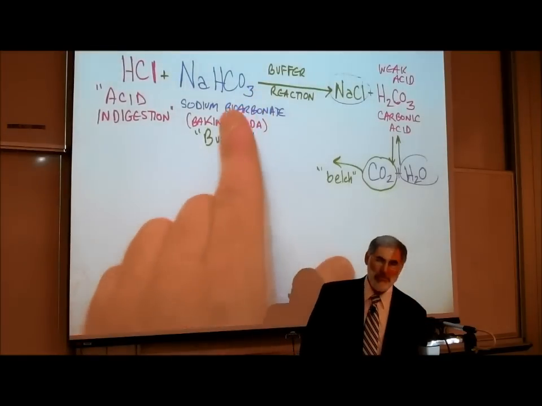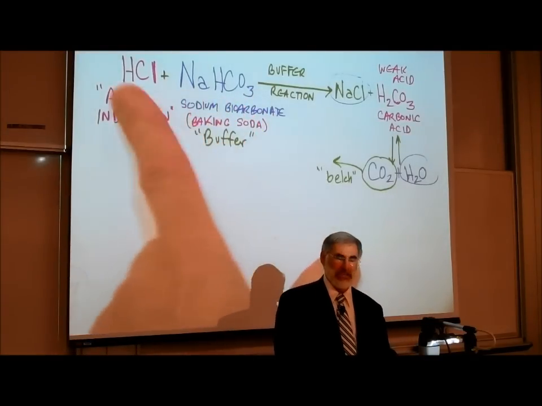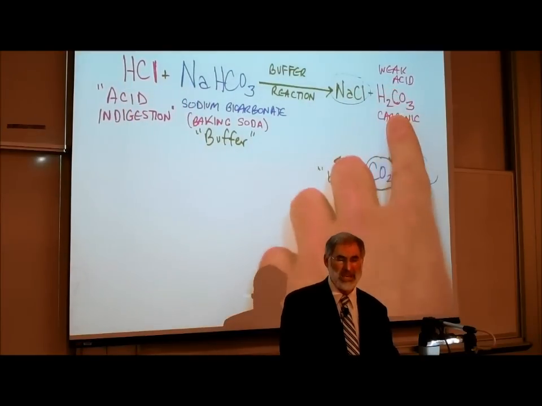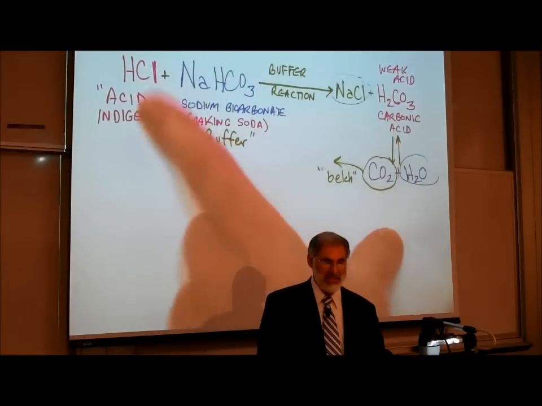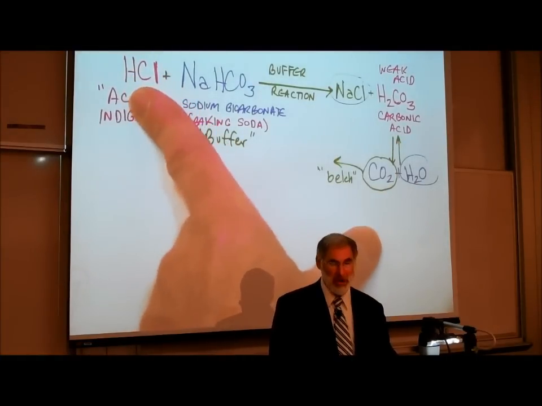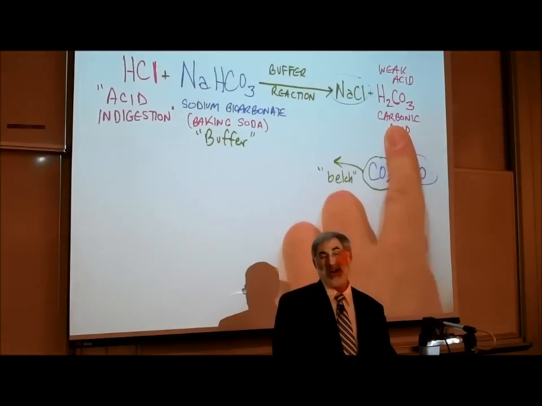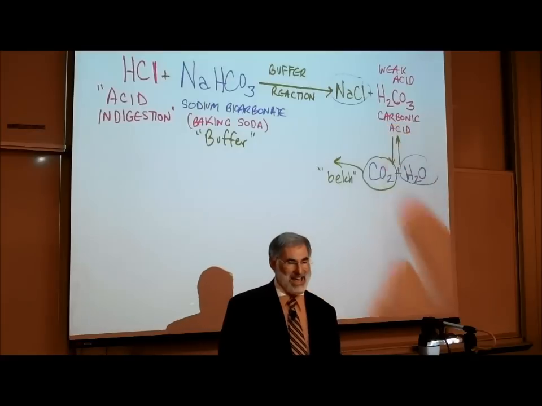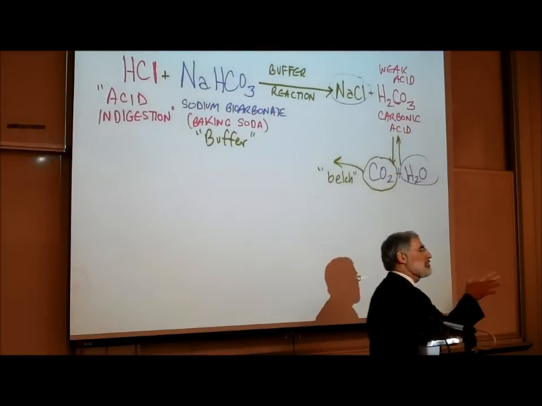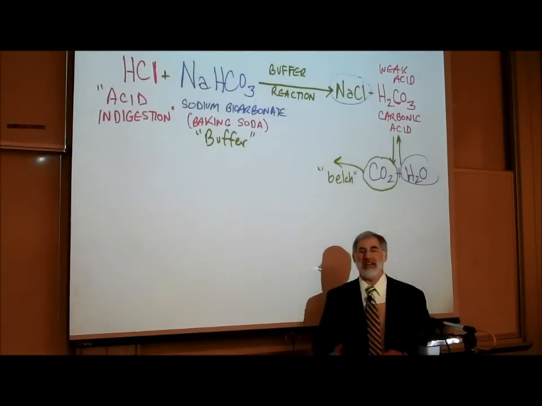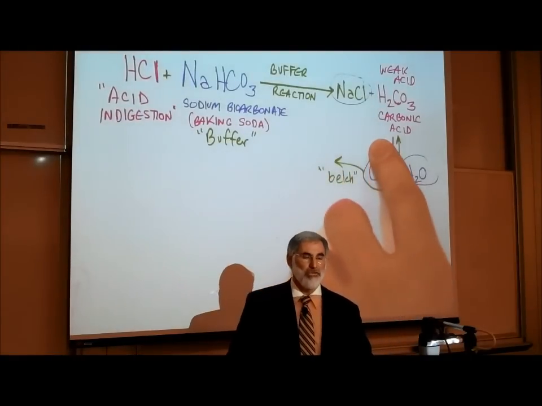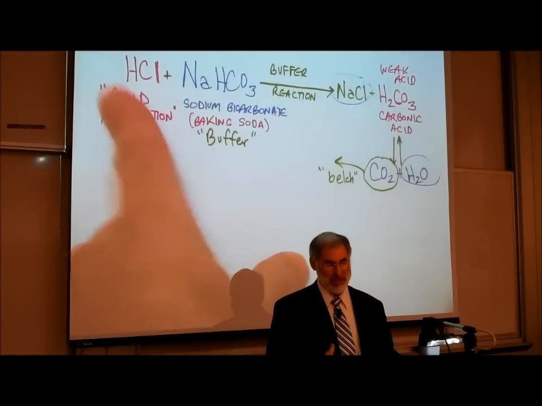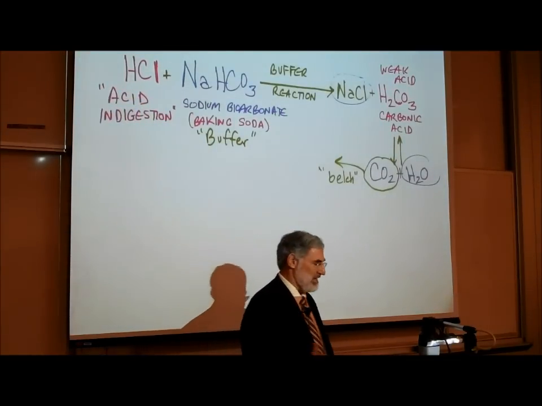So what the buffer reaction has done is we've gone from a very strong acid called hydrochloric acid to a weak acid called carbonic acid. This has a pH of maybe 1 or 0. This has a pH of maybe 4 or 3, you know, so 5 or 4, something like that. So it's not as acidic. So you could swallow the sodium bicarbonate, and it would reduce the overall acidity in your tummy, reducing acid indigestion, all this strong hydrochloric acid.